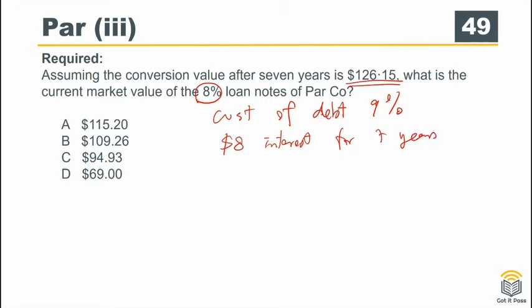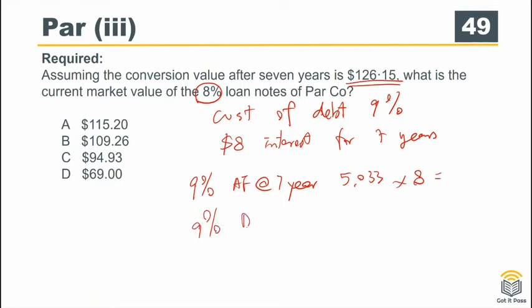The discount rate applied is 9%, which is given in the question. And the annuity factor for the interest for 7 years at 9% is 5.033 times $8. And the other is the discount factor with 9% and 7 years' time.